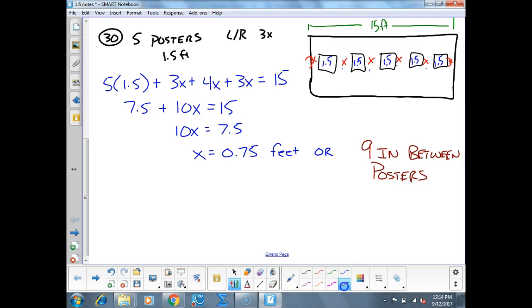Okay. I would accept 0.75 feet between each poster. Or if you wanted to switch that into inches, make that 9 inches in between each poster. And then, I'm guessing it also asked for the outside dimensions too? Like find the positioning, probably is what it said.